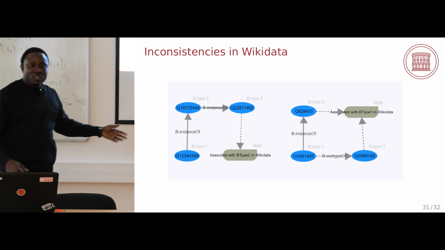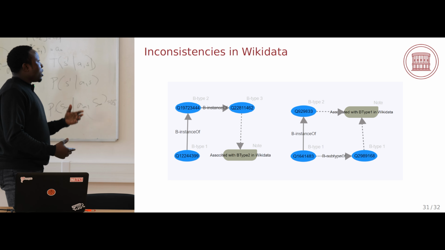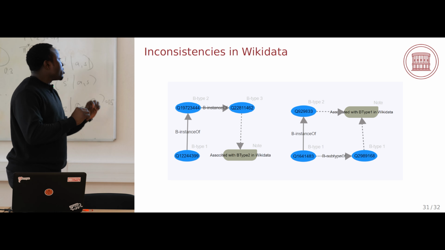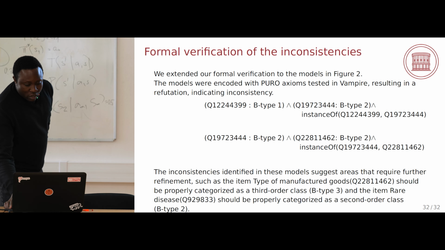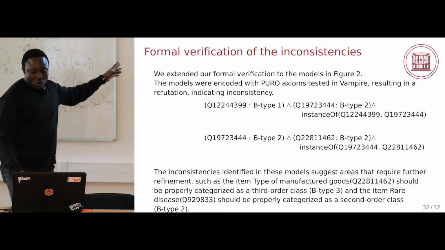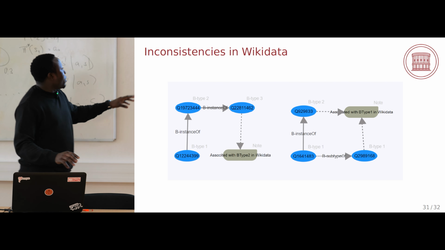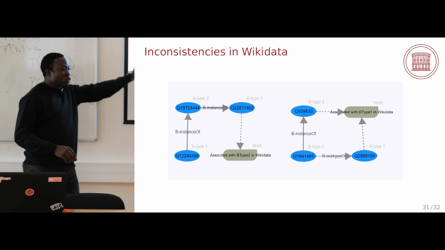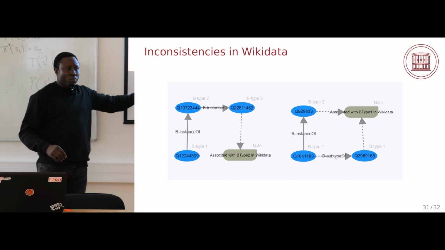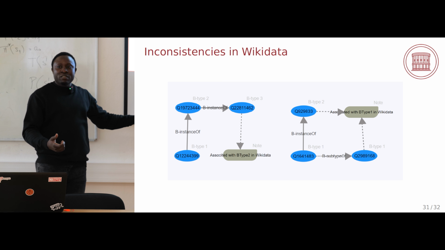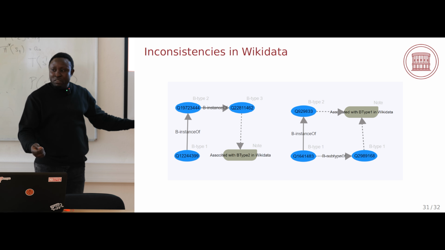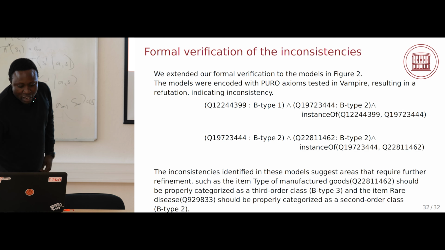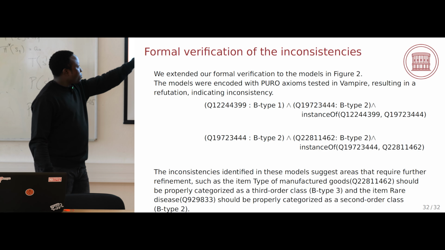So this shows how important our formalization is in structuring items in knowledge bases. To verify this inconsistency in Wikidata, we try to encode it using our logical axioms, and then check with existing theorem provers if this inconsistency is true.